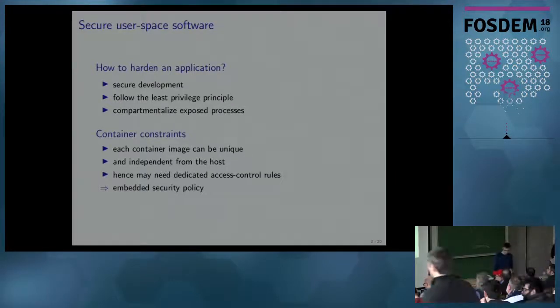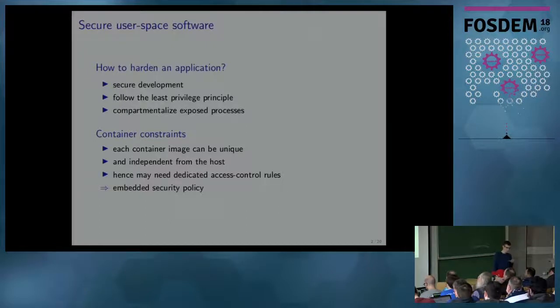Here we're going to focus on containers. For containers, there are some constraints and some pros and cons. What you want when you use a container is to have an abstraction from the host. So you may want to update your host at one time and update your container after that. You don't want to sync all these updates.